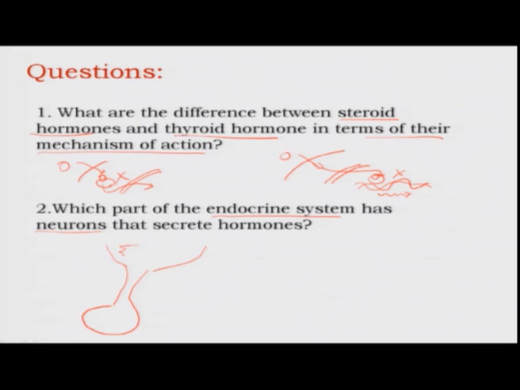Their axons either release these hormones into the blood vessel system, or in the case of the posterior pituitary, they secrete them directly into the posterior part of the pituitary gland. So, these are the neurons that can actually secrete hormones.